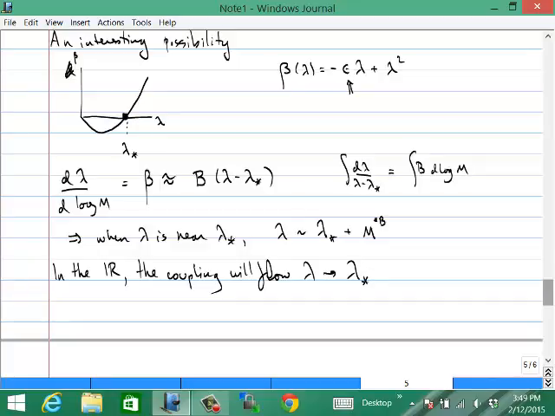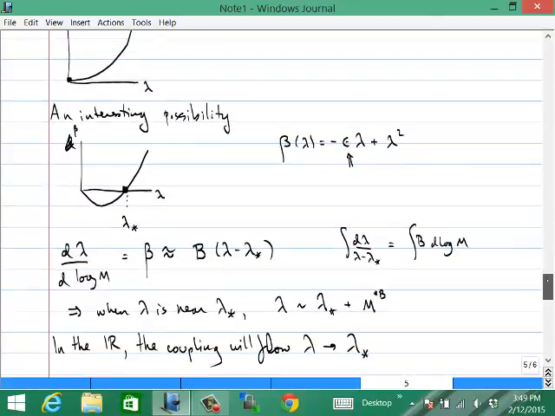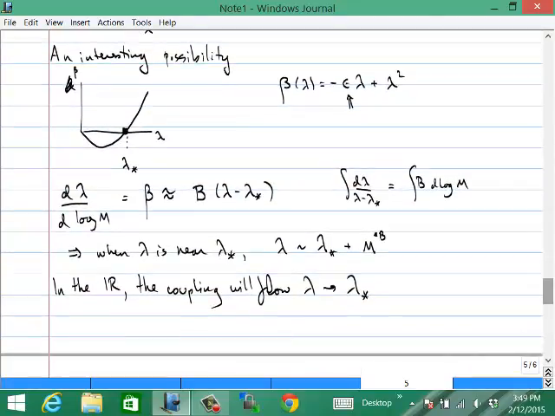And in particular, it turns out that there are modifications of phi to the 4 theory where the beta function does have this form. And these lead in the infrared to non-trivial quantum field theories with finite coupling that are inaccessible to standard perturbative Feynman diagram techniques.